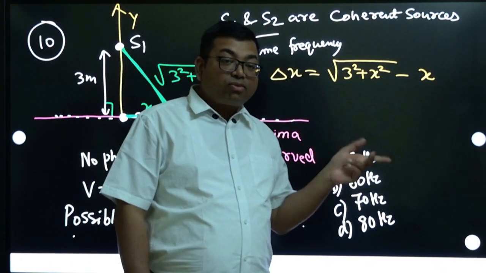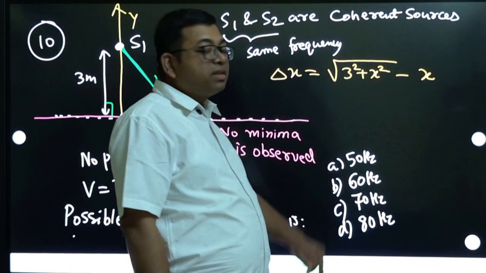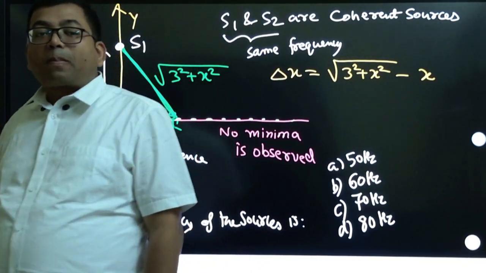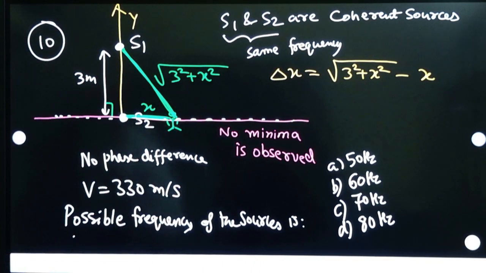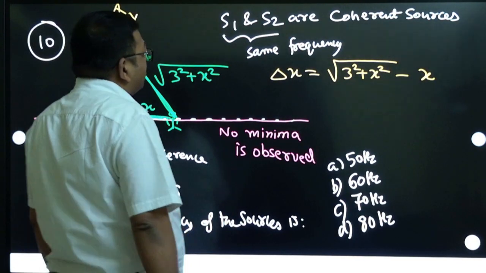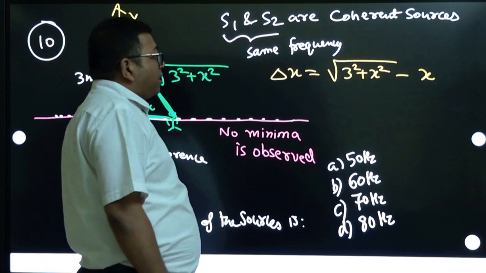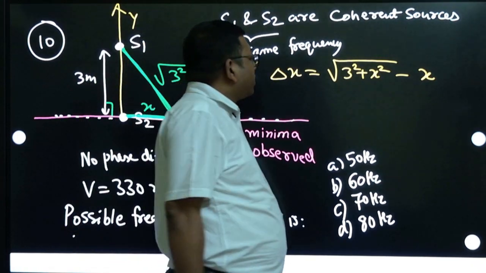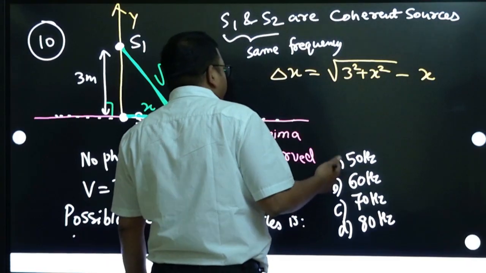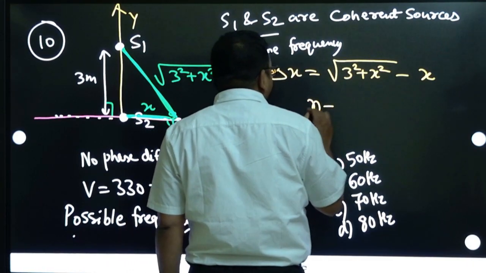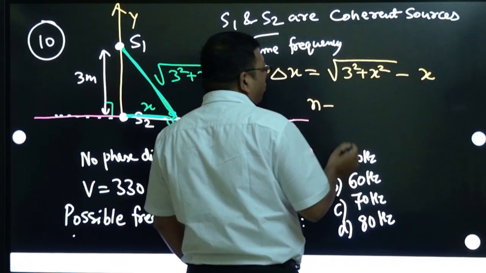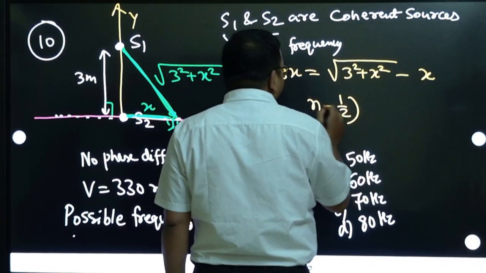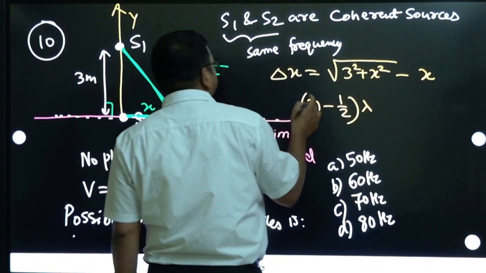But it is not maximum, I am asking for minima. For minima, what is the condition? n plus half or n minus half you can take. So let us take n minus half lambda, because when you take n minus half, n will start from 1. This is the condition for minima.